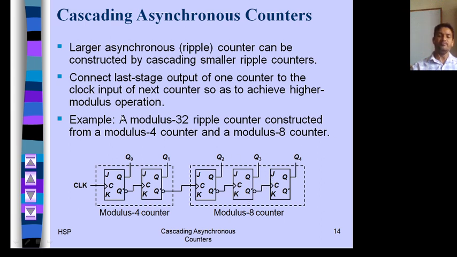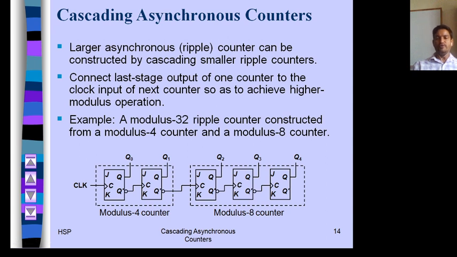For example, this is a modulus 32 ripple counter, or you can say this is a mod 32 or 5 bit asynchronous counter. This is your mod 4 counter, this is your mod 8 counter. The output of this counter is connected to the clock input of this mod 8 counter, and we get overall modulus 32.